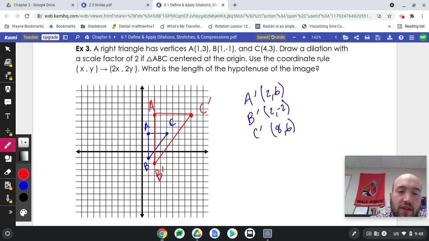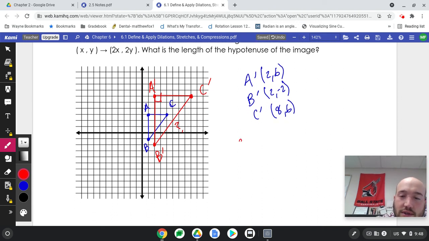Now this one asks us a final question. It's a little different. It says, what is the length of the hypotenuse? So we need to think back to August. This is a right triangle. The hypotenuse would be the longest side, also this side over here. Good news is a squared plus b squared equals c squared. We can easily figure out what that hypotenuse is, and we can know what the two sides are if we just count them. They're horizontal and vertical. So 1, 2, 3, 4, 5, 6.